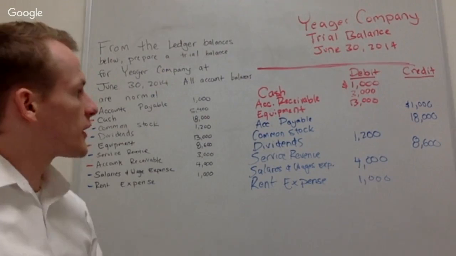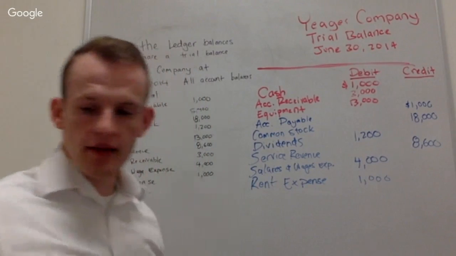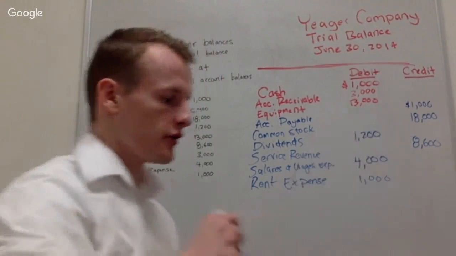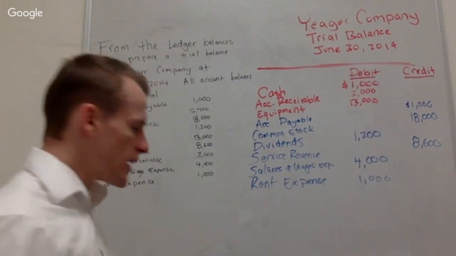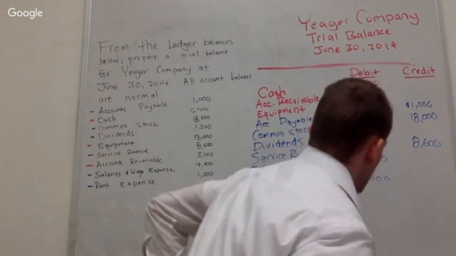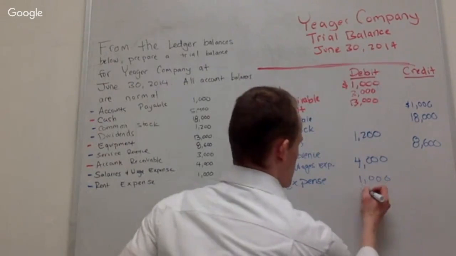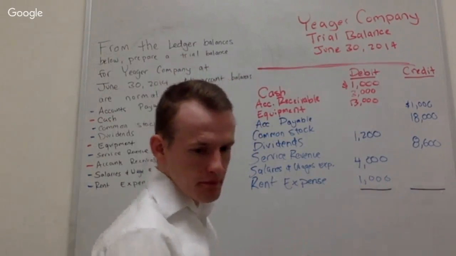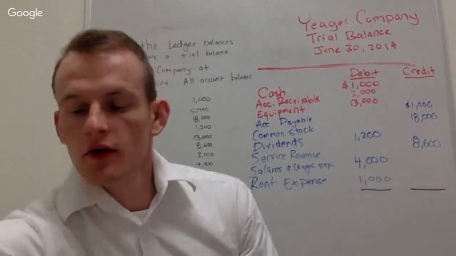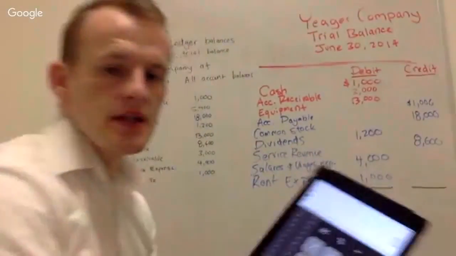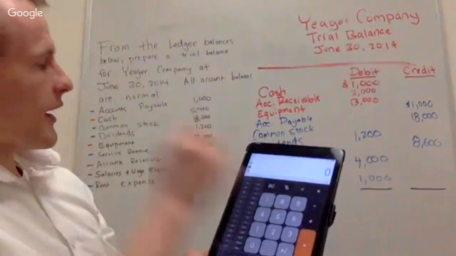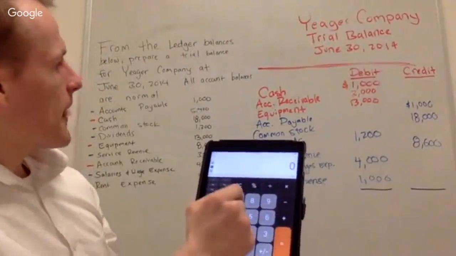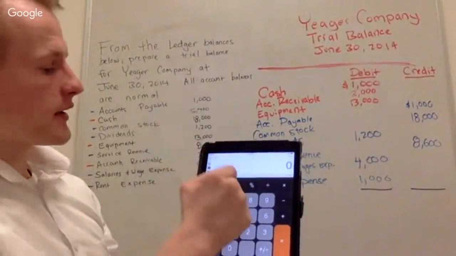So now the moment of truth would be to add these two columns together and make sure that our math is correct. So we'll just put one line here and one line here and calculate our totals. I've got my calculator here on my iPad, so you can see. We'll basically just go down the debit line.